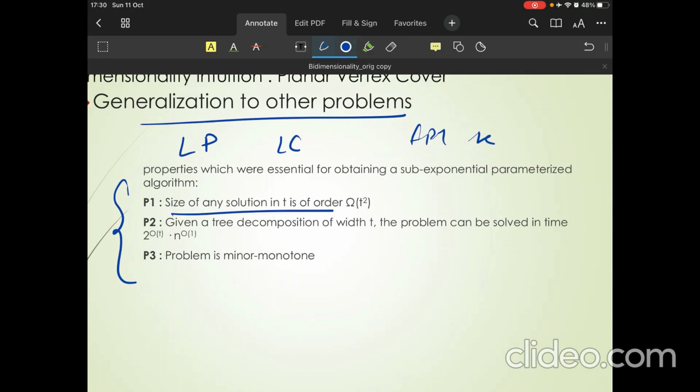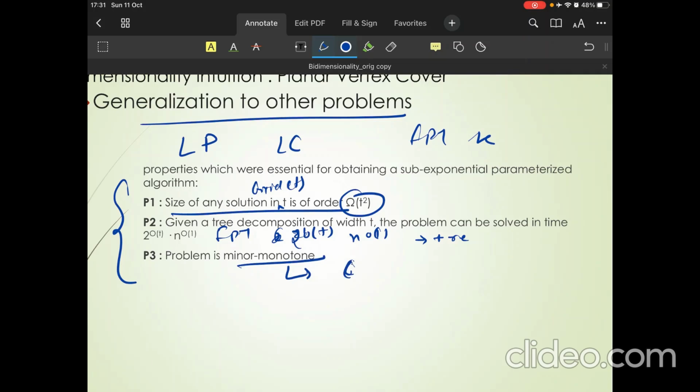So in a generalized version, if you have a bound on the size of the solution of a grid T, of the form omega T square, and you have an FPT running in time 2 power order T poly n, given a tree decomposition of width T, and the problem is minor monotone or contraction closed.